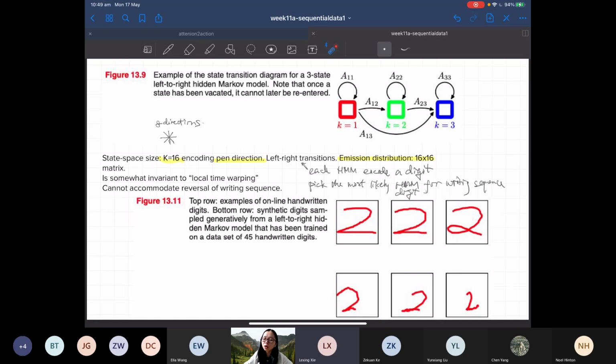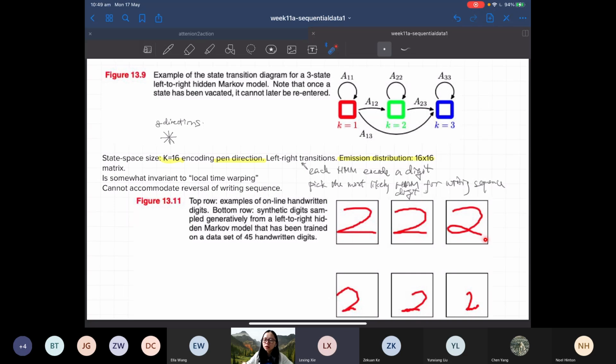Same goes with writing. At different times, even the same person writes at different speeds. So the left to right transition allows that by saying, maybe this is staying in the same state. And of course, if we have a left to right structure, we cannot accommodate reversal of writing sequences. It's not possible, unlike the Gaussian example before.